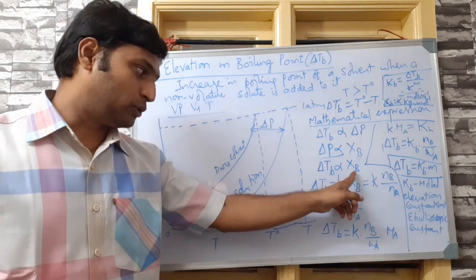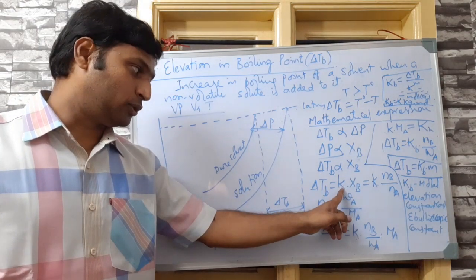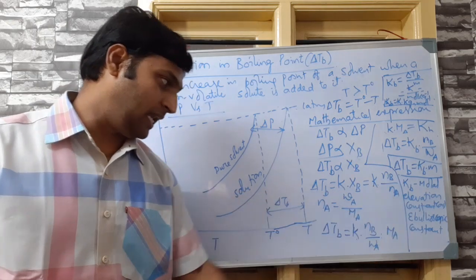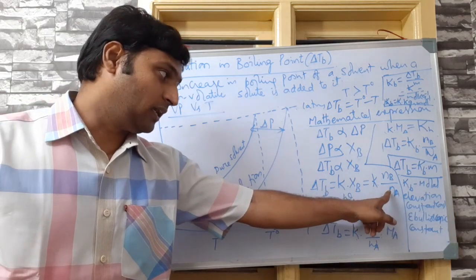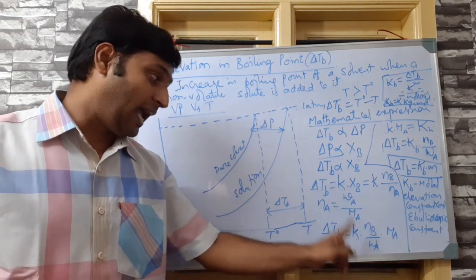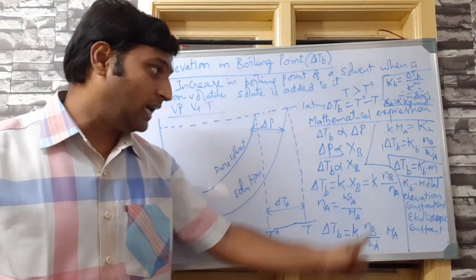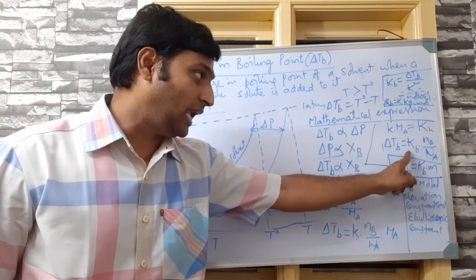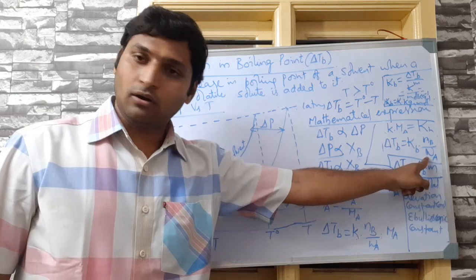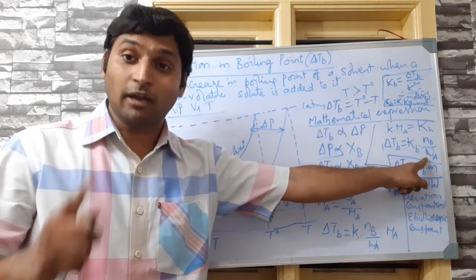So delta Tb is proportional to Xb, we removed it and got a proportionality constant K, and expressed Xb in terms of Nb by Na, and substituting values of Wa and Ma in the place of Na, I arrived at an expression where you get a new constant Kb into Nb by Wa. Number of moles of solute by weight of solvent is nothing but molality.